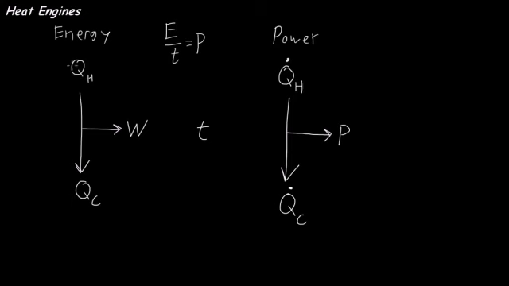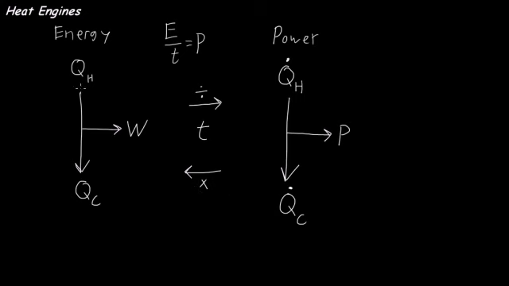So for example, if I take QH and divide it by time, I get Q dot H. So going from left to right is division. Similarly, I can go from the right side to the left side by multiplying by time. So I have Q dot C times time gives me QC. So if I go from right to left, it's a multiplication.